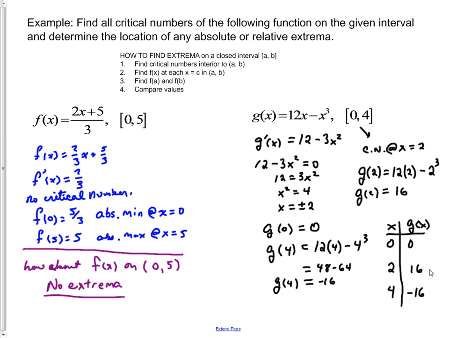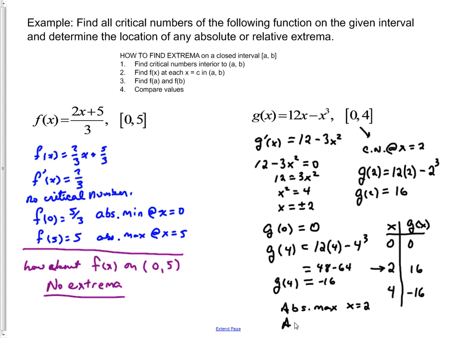But right here, it looks like we're going to say there's an absolute maximum located at x equals 2. That's the highest value of g of x that we find anywhere in this function.